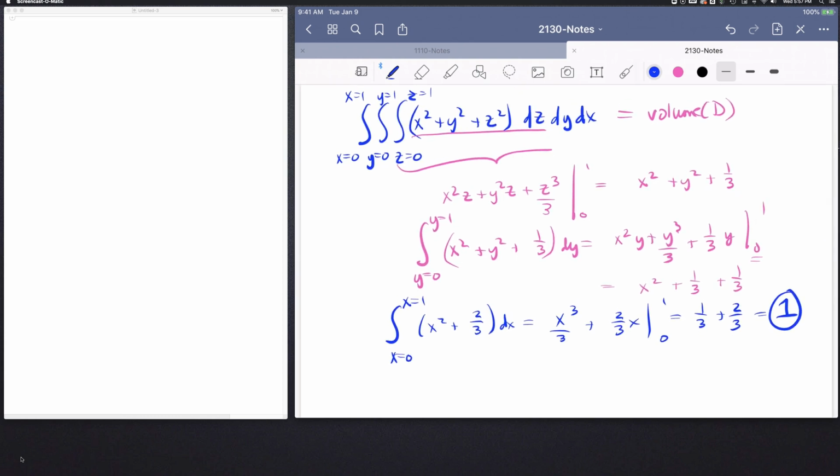Okay, so that is, I'm sorry, not a volume integral, this is a mass integral.